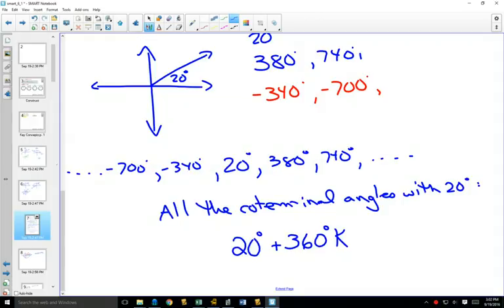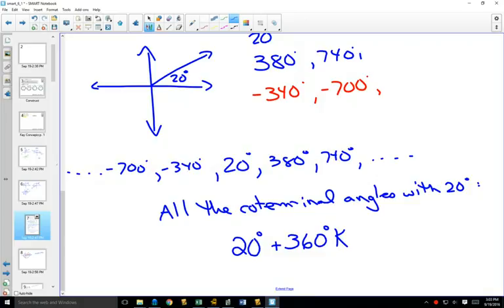So what are those numbers called that I just described for k? 1, 2, 3, 4, 0, negative 1, negative 2, negative 3. They're not real numbers, because real numbers would include 1.5 and 2/3.